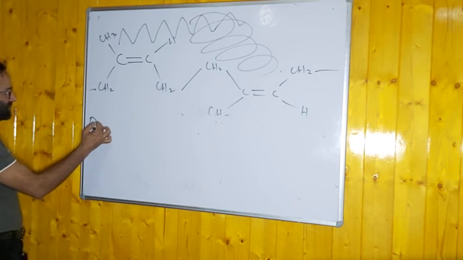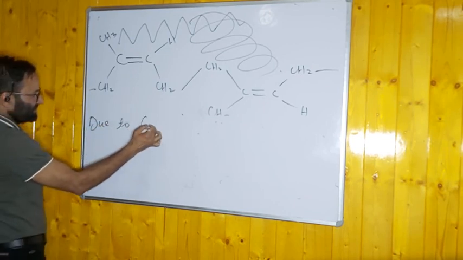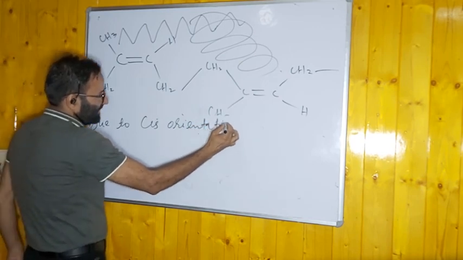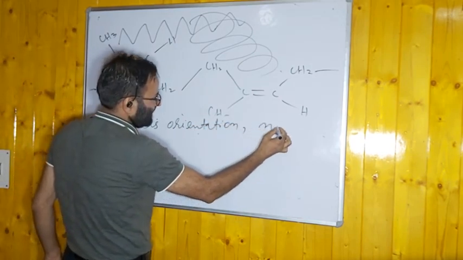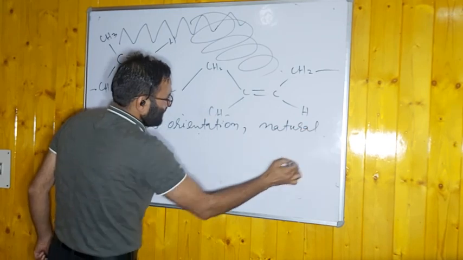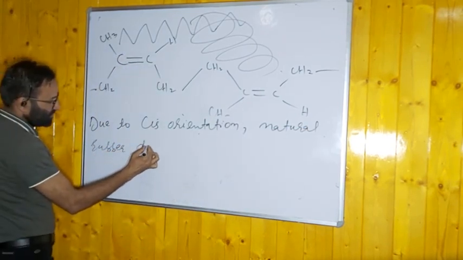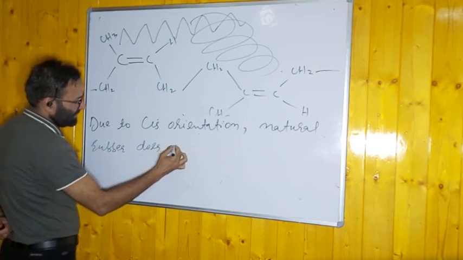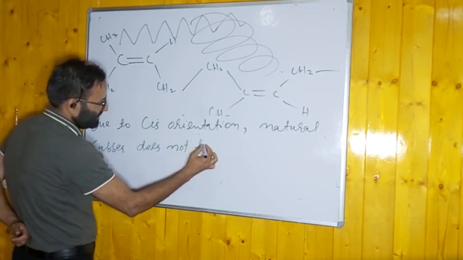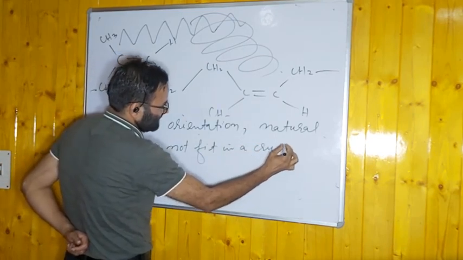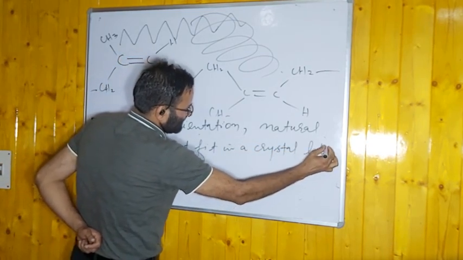Due to cis orientation, natural rubber does not fit in crystallites. You have studied this in solid state.